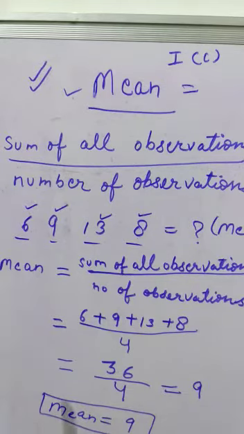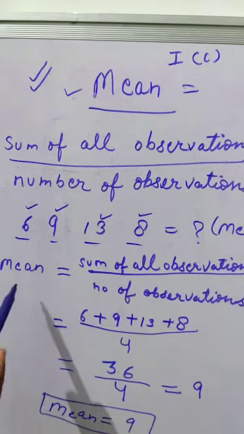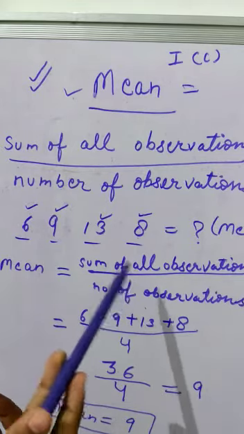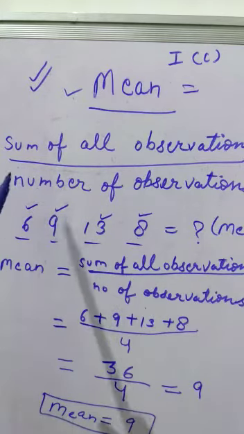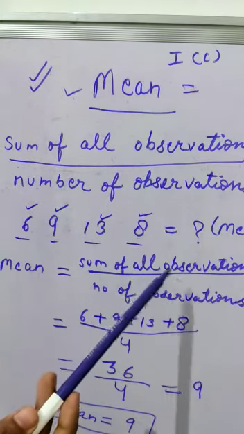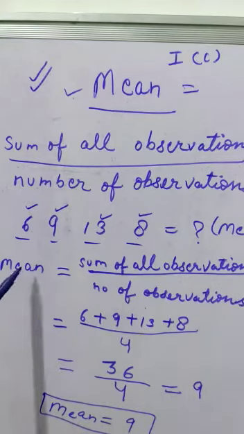This simple formula will be used in each and every question in different ways, and then you will find the mean. In some questions you will get the mean and the number of observations, and you have to find the sum of observations. In some questions you will get the sum and the number of observations, and you find the mean.